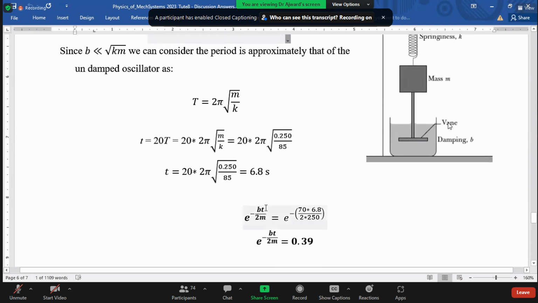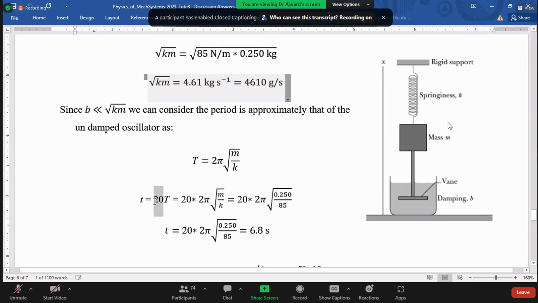But to find that value, you need the time in seconds, right? To find the time for 20 cycles, it is 20 periods. So 20 cycles times one period, which is 2π square root of m over k.